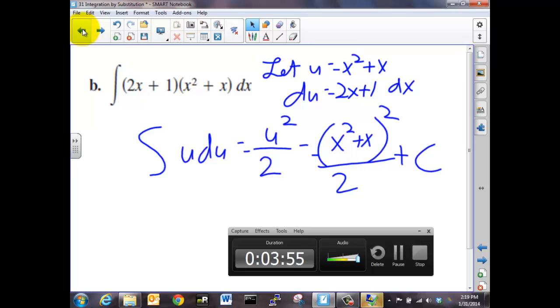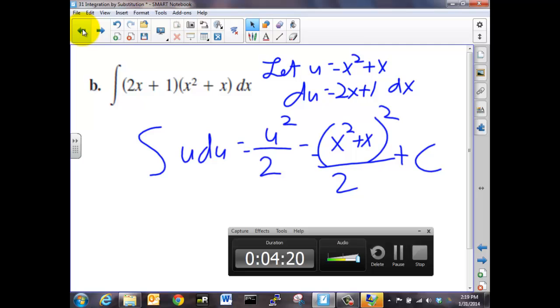Okay, here's the second problem. Now, we've got 2 parentheses, so what does u need to be? You could FOIL it out to begin with. And if you FOIL it out, you would not need to do any u-substitution. However, that answer is not going to be in your multiple choice, I can tell you, whatever you get by FOILing it out.